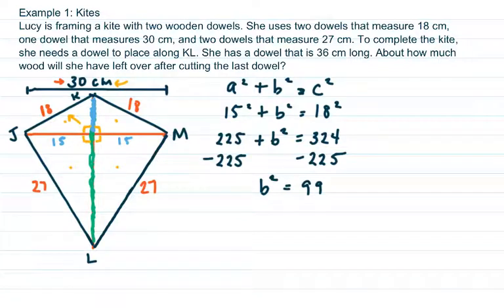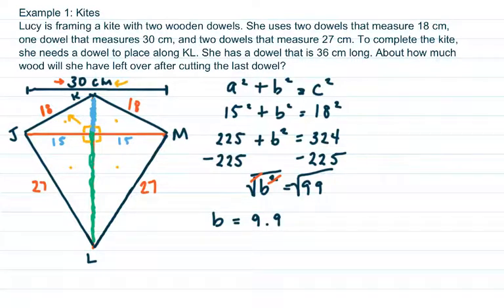So b is equal to the square root, and that cancels this out. The square root of 99 is, let's see, I'm going to round to the nearest tenth, and that comes out to 9.9.